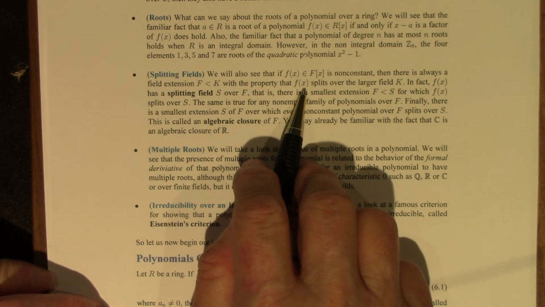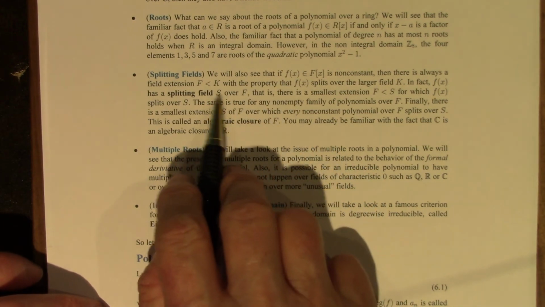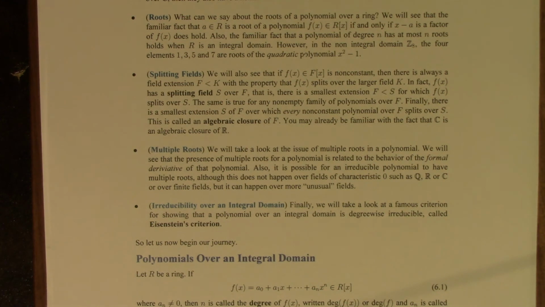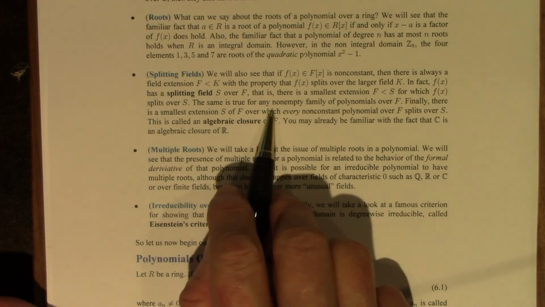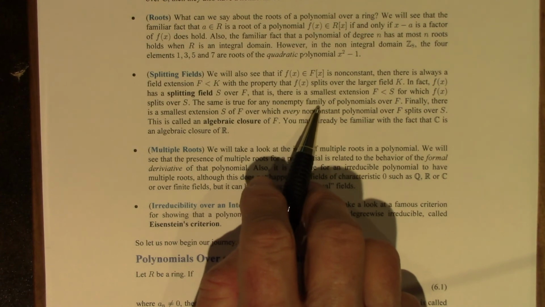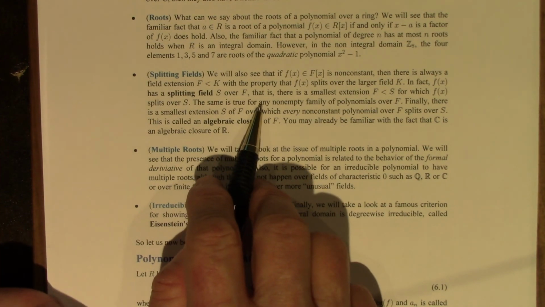In fact, any polynomial has what is called a splitting field over F, and that's the smallest extension for which the polynomial splits. In fact, the same is true for any non-empty family of polynomials over F.